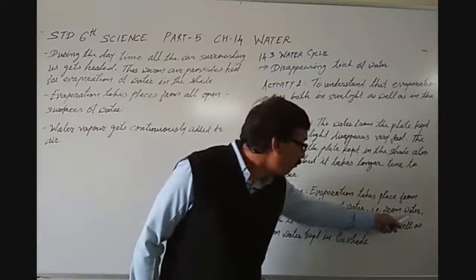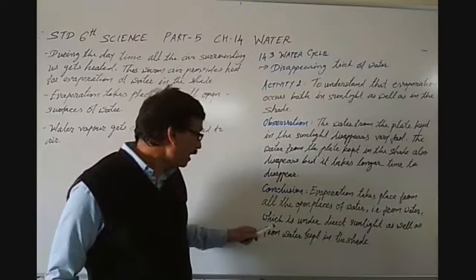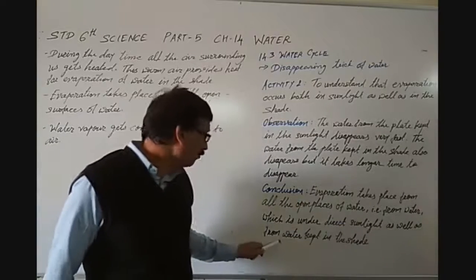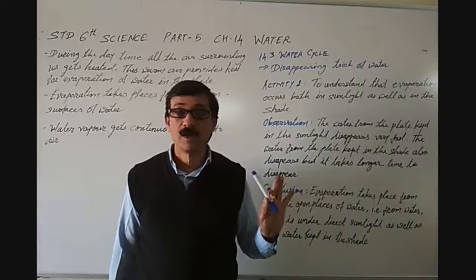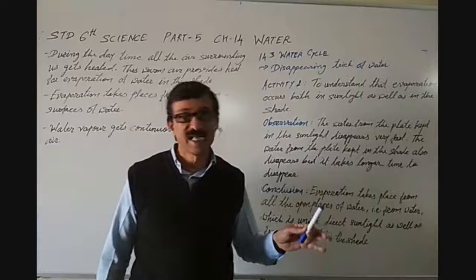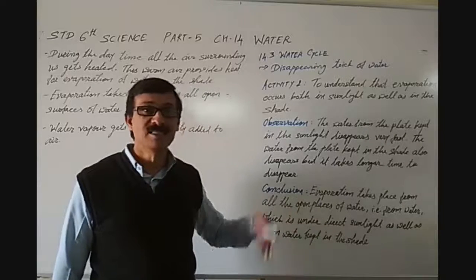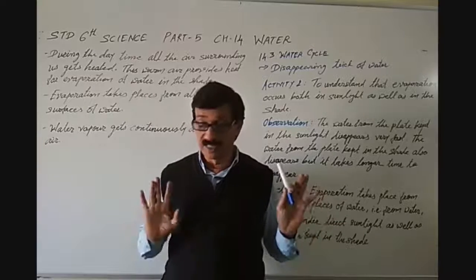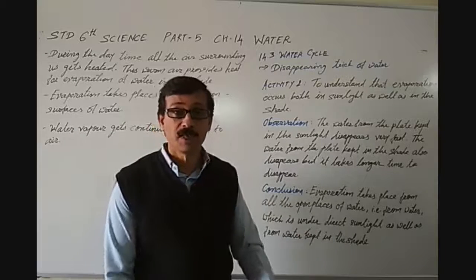That is from water bodies, from water under direct sunlight, as well as from water kept in shade. From both places, water disappears, water becomes vapor, whether it is in the sunlight or in the shade. Okay, that is what we come to know. Now, let's go into the textbook.